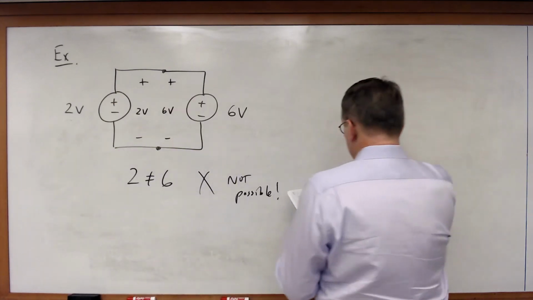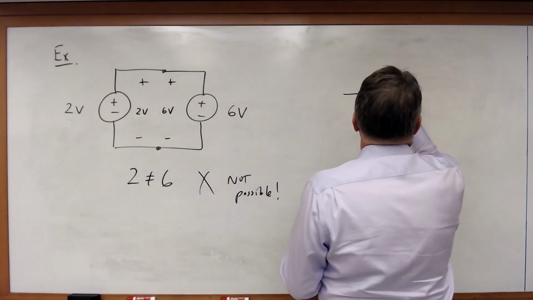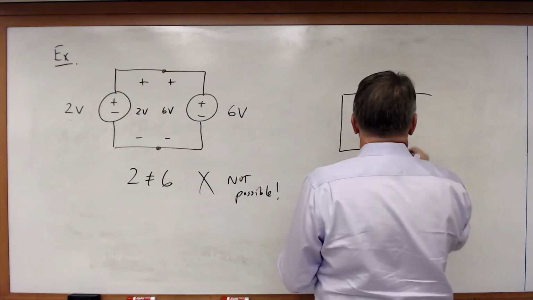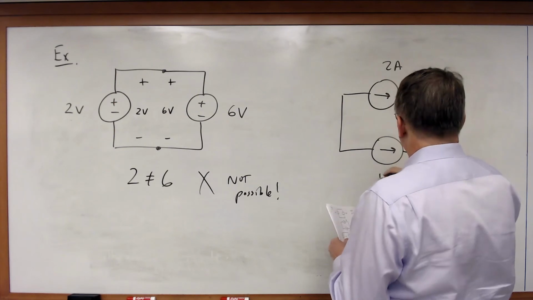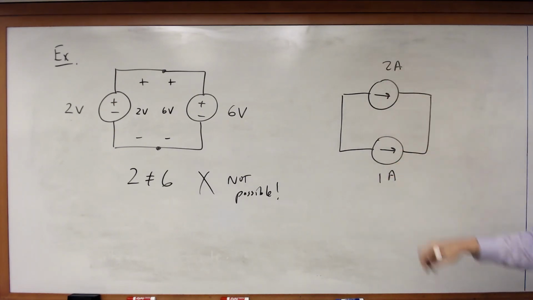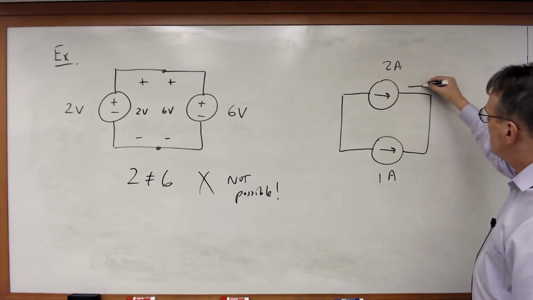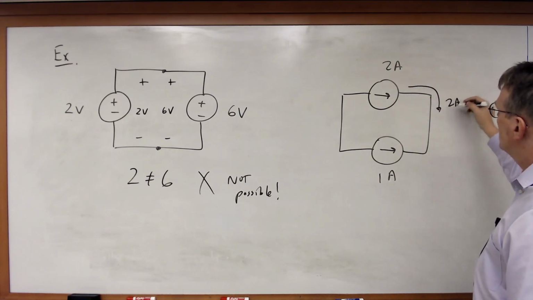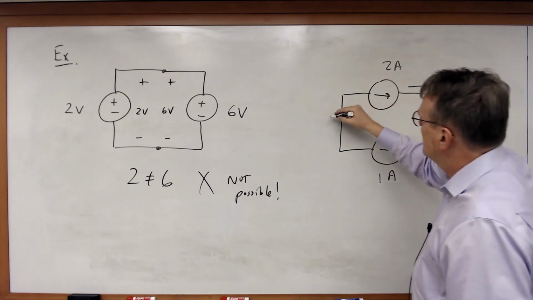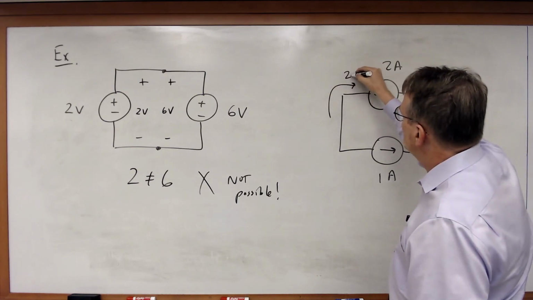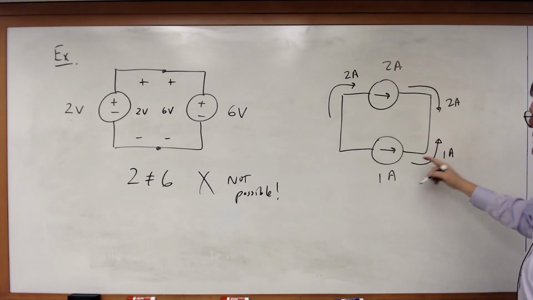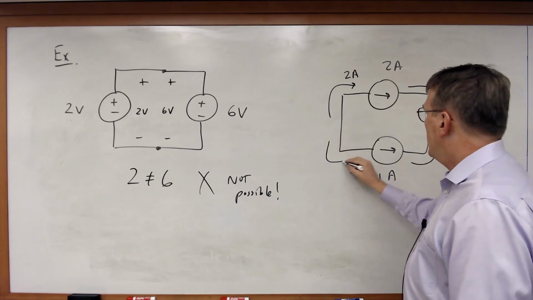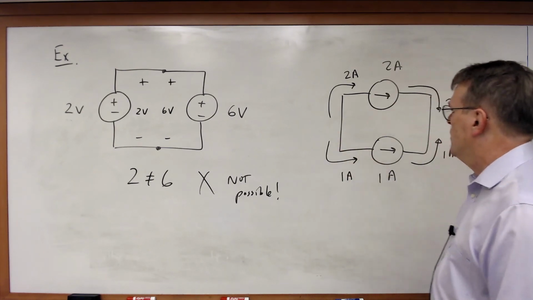All right, what if I do this? What if I have a 2 amp and a 1 amp source like so? Well, in this case, the 2 amp source says 2 amps flows out in this direction and then returns through this terminal. This source says 1 amp flows out through this direction and returns through this terminal.